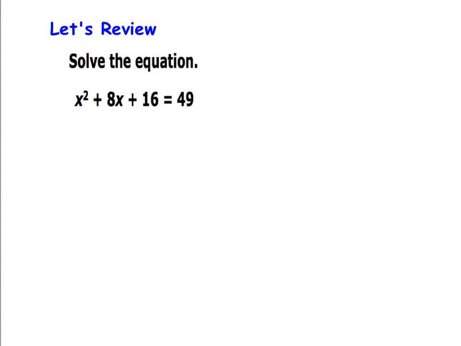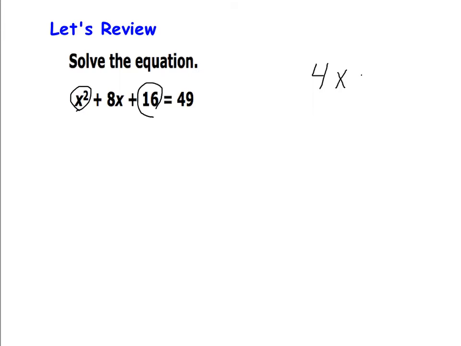Now, remember from last time, part 1, 16 right here is a perfect square, and the square root of that is 4. And x squared is a perfect square, and the square root of that is x.